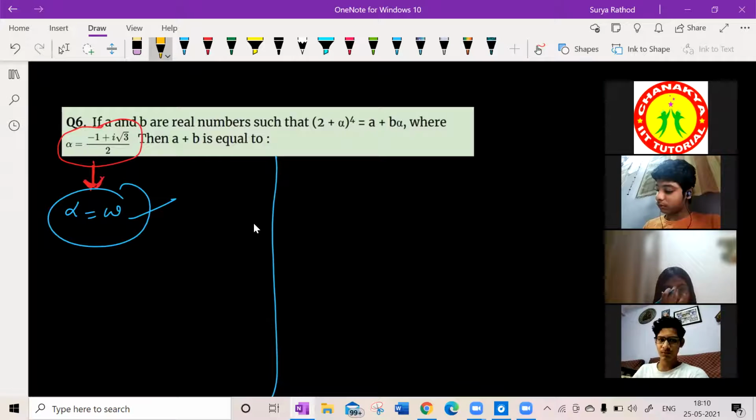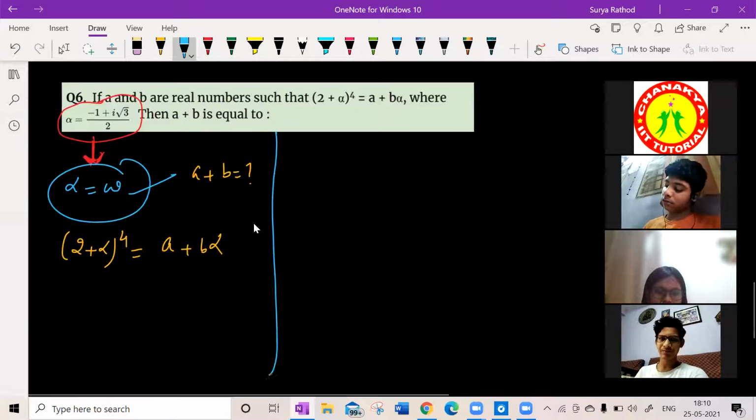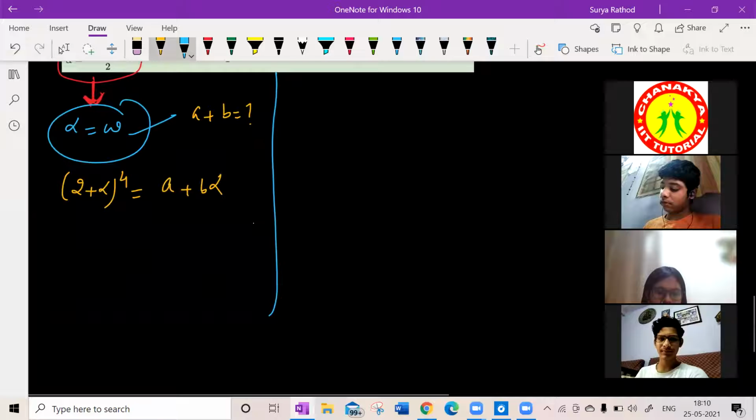See here now. So α could be written as ω. So 2 times α to the power of 4 is equal to a plus b α, given. This is what is given, and it is asking us to find the value of a plus b. So now how can I make this? Very beautiful question. Look at this here.